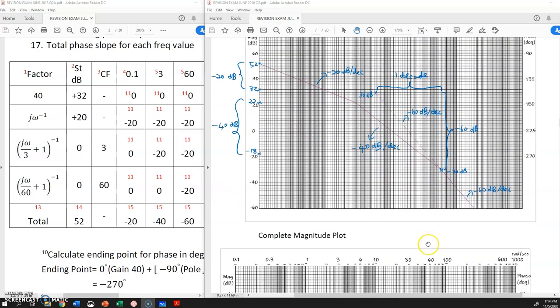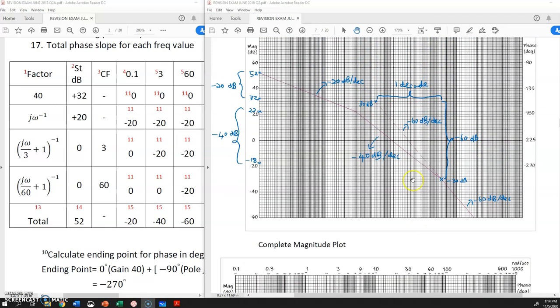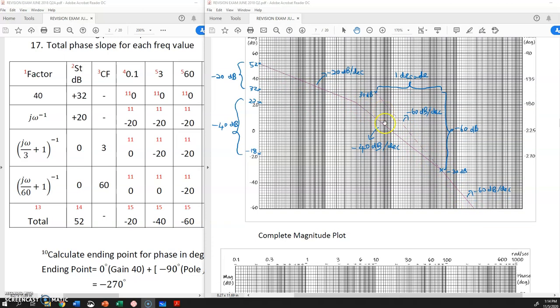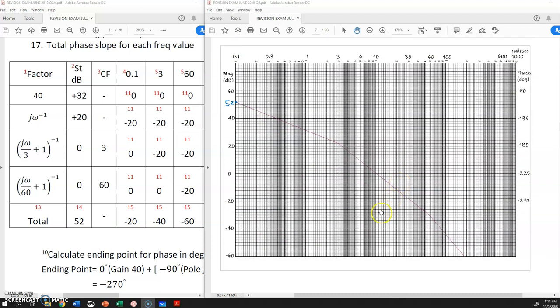This is the complete magnitude plot. You can erase it, or you can just let it be as a dash line. This reference is drawn with a dash line because it is not the real magnitude plot. This is the real magnitude plot: negative 20 dB, negative 40 dB per decade, and the last one is negative 60 dB. In my case, I erase this one.